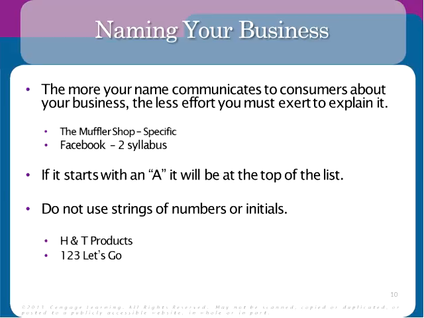Also, if it starts with an A, it will be at the top of the search list, and people don't really consider that. This was really important when we used phone books, right? If you would look up a specific service in the yellow pages, you would see the names of the businesses that start with the letter A. So A1 muffler would be at the top of the list, probably.